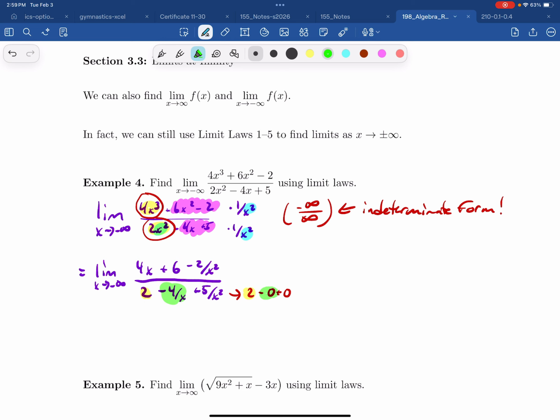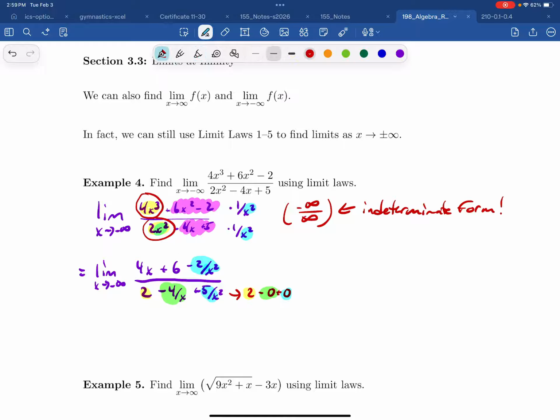Because as negative 4 stays the same and the denominator gets big, the fraction gets really small. A similar thing happens with 5 over x squared. And a similar thing happens with negative 2 over x squared. It's also going to go to 0. 6 is going to go to 6.